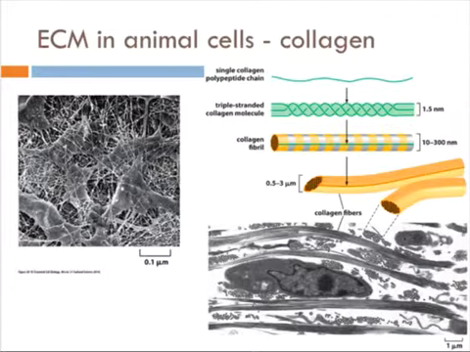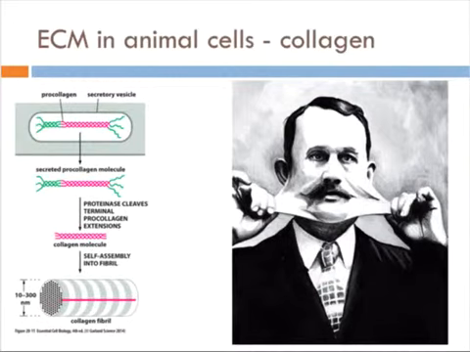So unlike the cellulose we just looked at, these collagen molecules are actually made inside of the cell and have to be secreted via exocytosis. We don't want them to aggregate and form fibrils, which can then aggregate to form fibers inside of the cell. So we're going to have to secrete them in an inactive form.